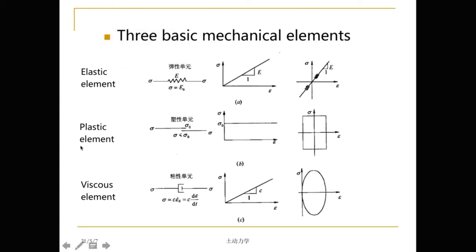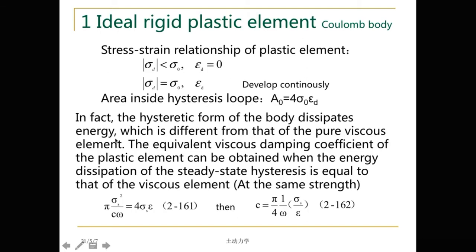First, let's see the plastic element. It is an ideal rigid plastic element, or we say a Coulomb body. And the stress-strain relationship of the plastic element is given as this. For this element, there's a strength, sigma 0.